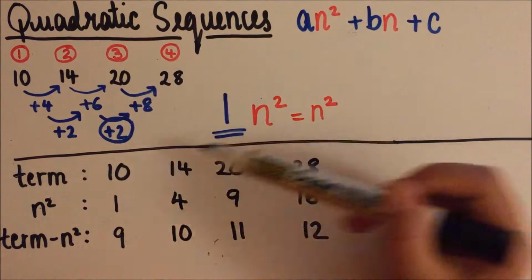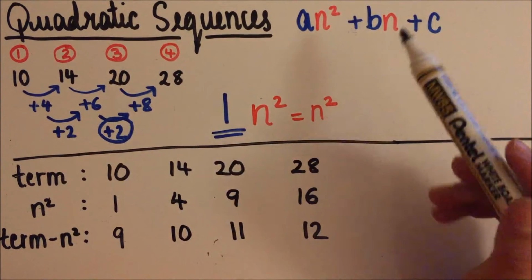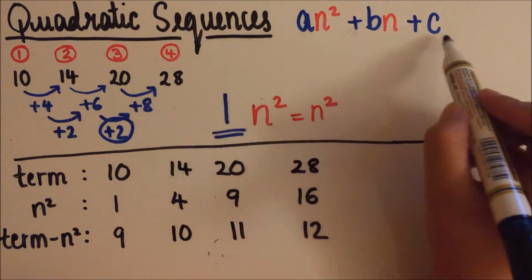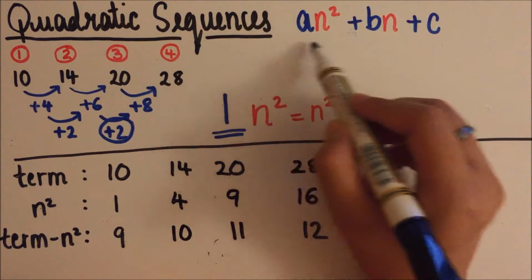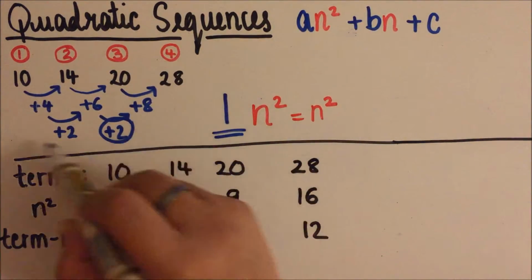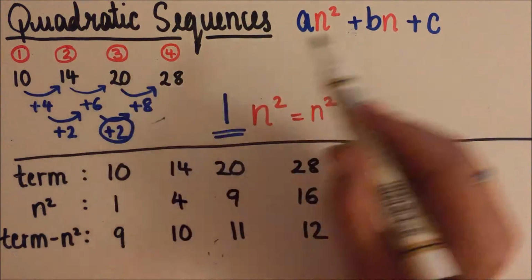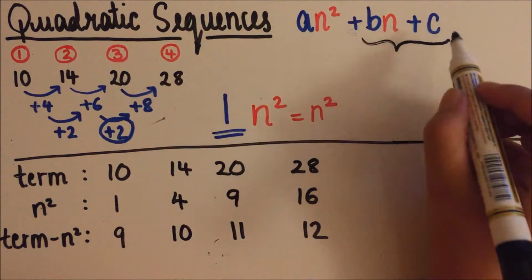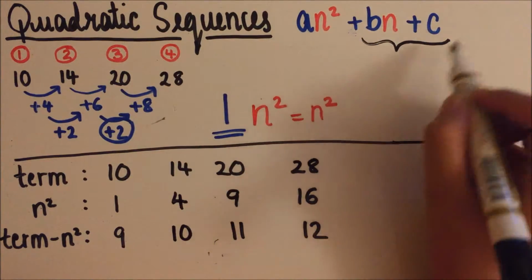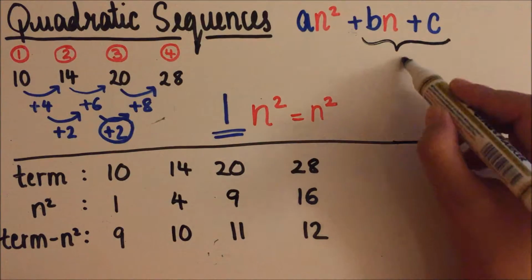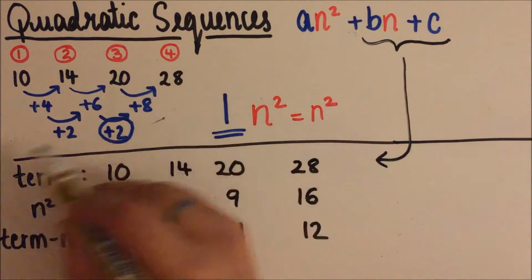The reason that we're doing this step is to find out the rest of the expression. This is the whole expression that we need to find out for quadratic sequences. We found out the n squared through this step, and we need to find out the rest. So we need to find out what the bn plus c is. And the only way that we can find out this bit of the expression is by this method here.